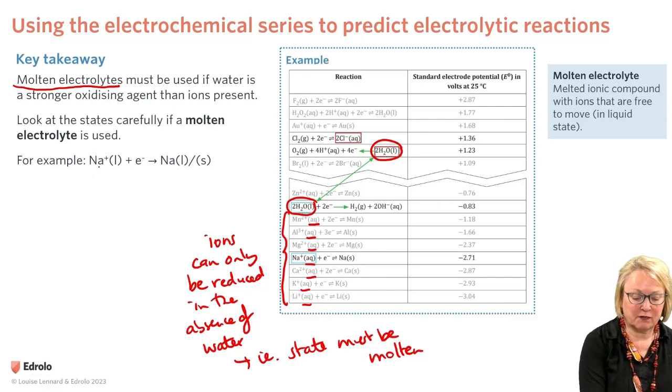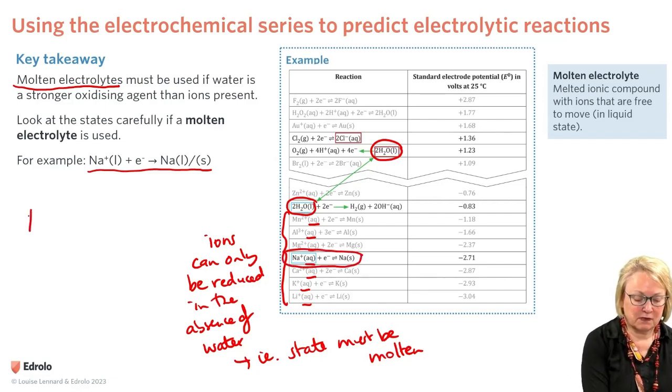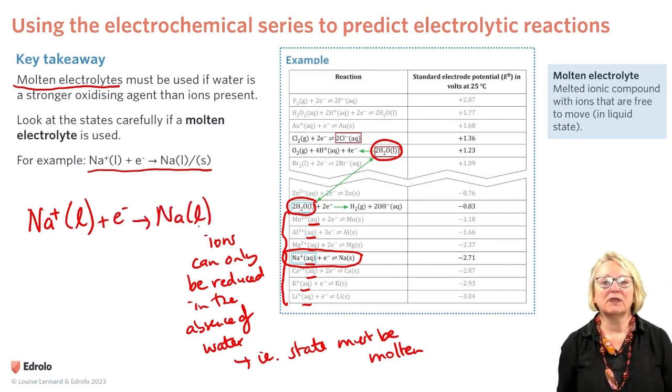So if we, for example, want to produce sodium metal from sodium ions, we identify the sodium reaction. So we have sodium ions, but instead of aqueous we write liquid, plus an electron to produce molten sodium, or if it cools down, solid sodium.